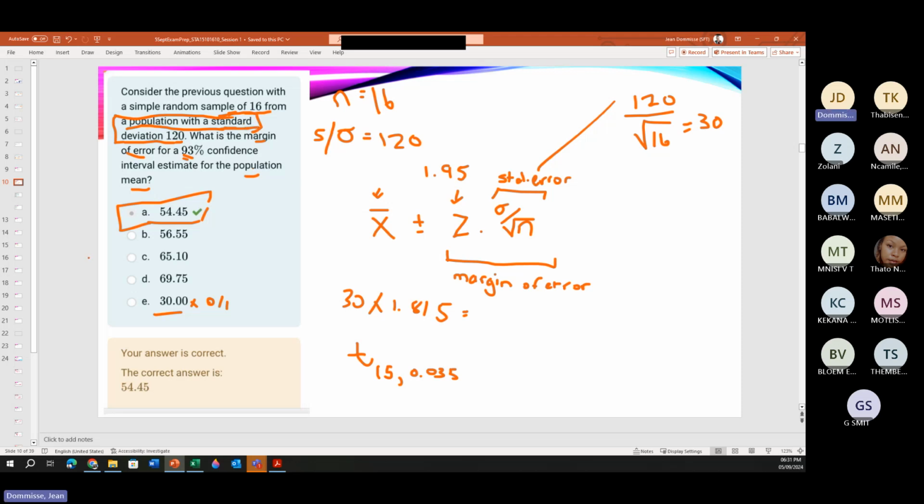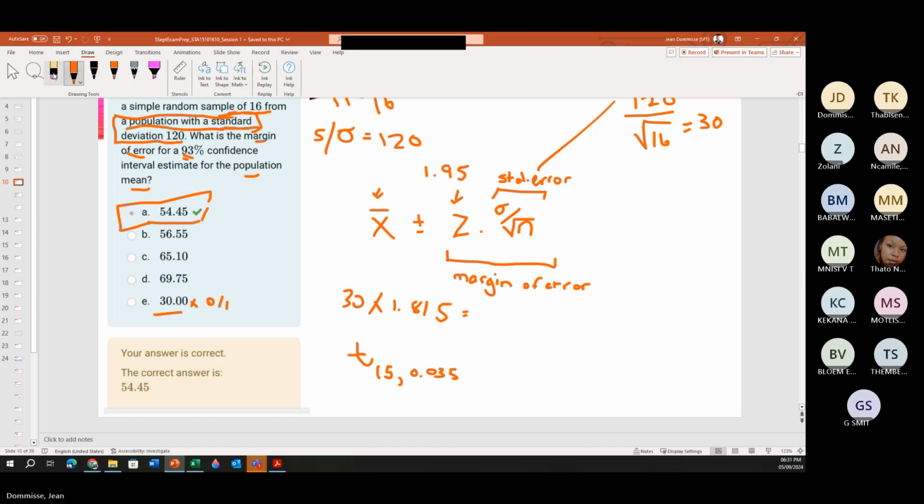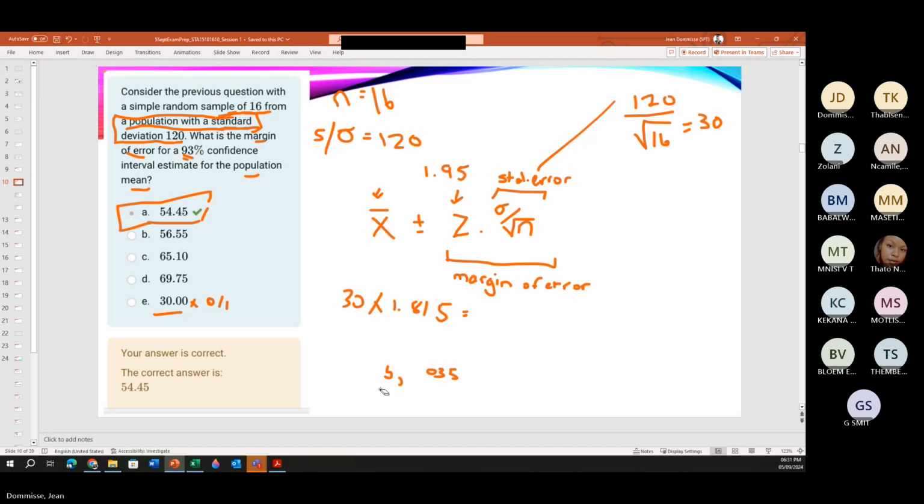Sure. Okay. Yeah. Again, English is not my first language, so I did not read it as that. I read it as a simple random sample of 16 from a population with a standard deviation of 120. So I did not connect that it is a population standard deviation. I connected it as a sample with a standard deviation of 120.